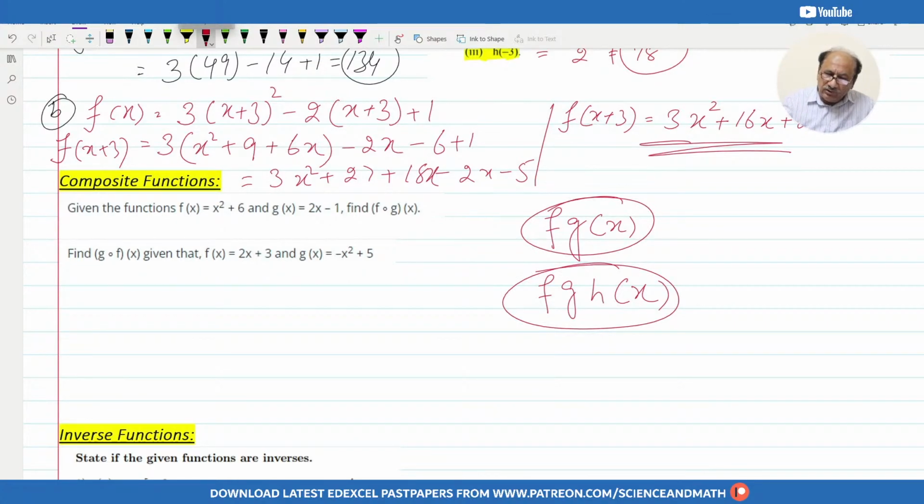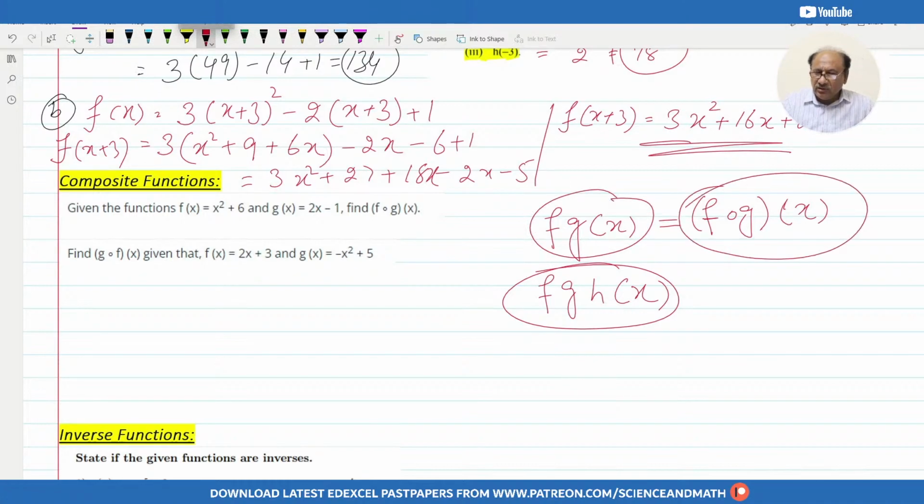In this format we can write, and the same thing we can write in this way also. In some books they write it like this, so you should not be confused when you see it. This one is the same as this one. Basically the writing format is different, otherwise they mean the same thing.